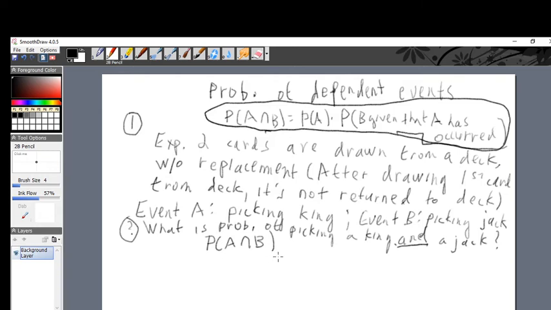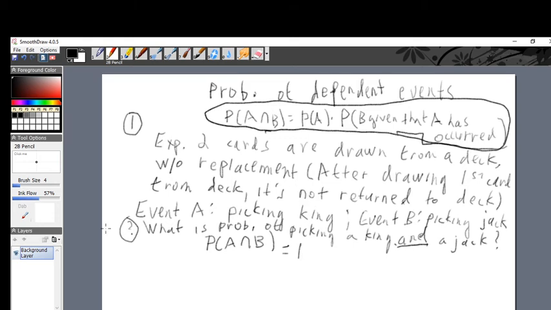A is picking a king, and B is picking a jack. So it's going to be the probability of A.